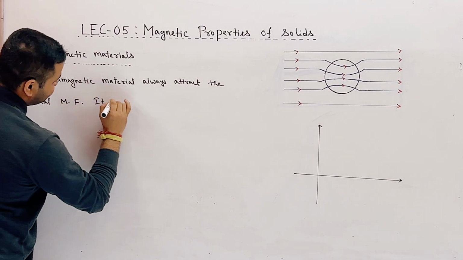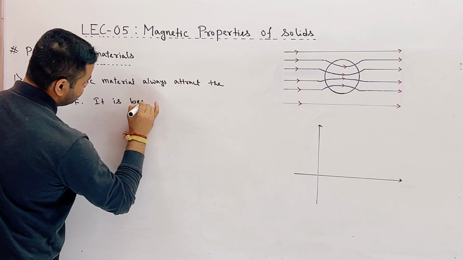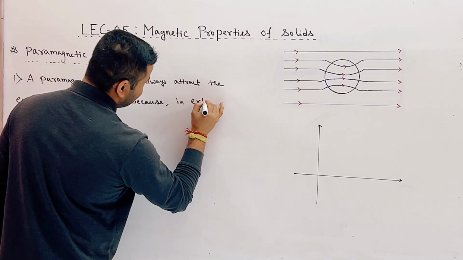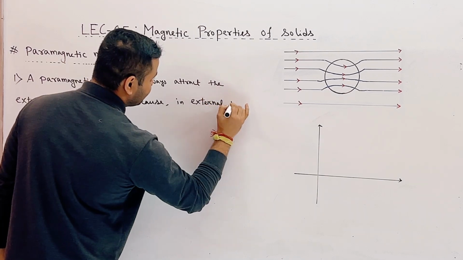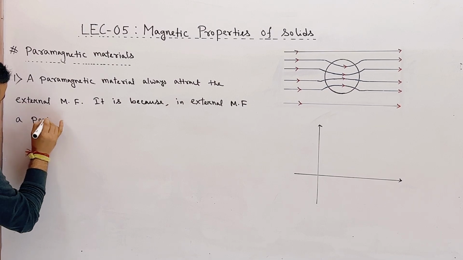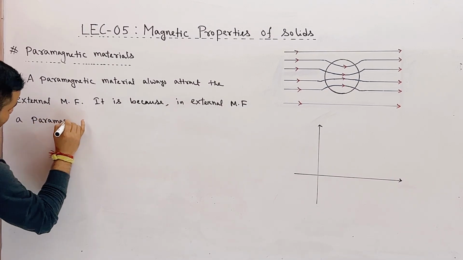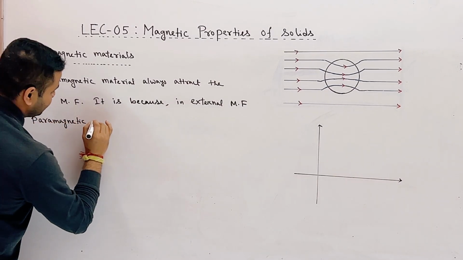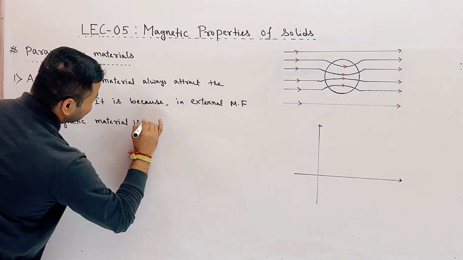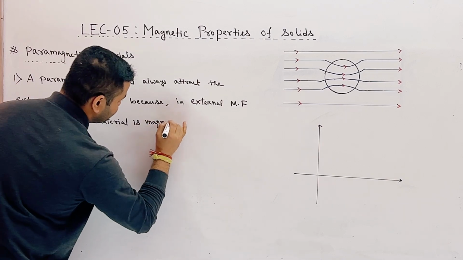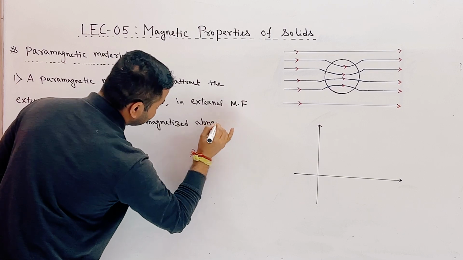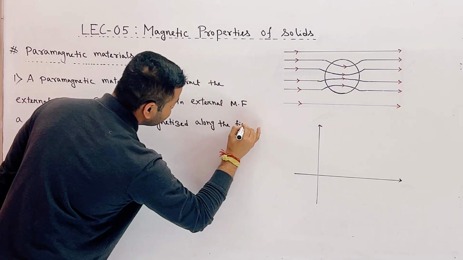It is because in external magnetic field, a paramagnetic material is magnetized along the field direction.